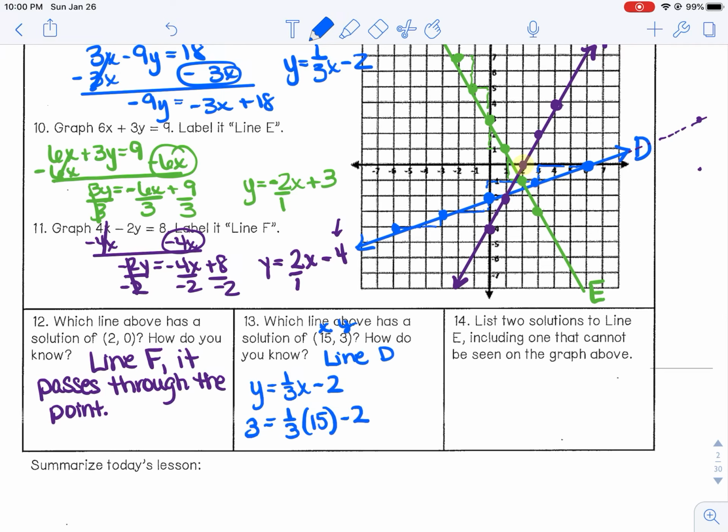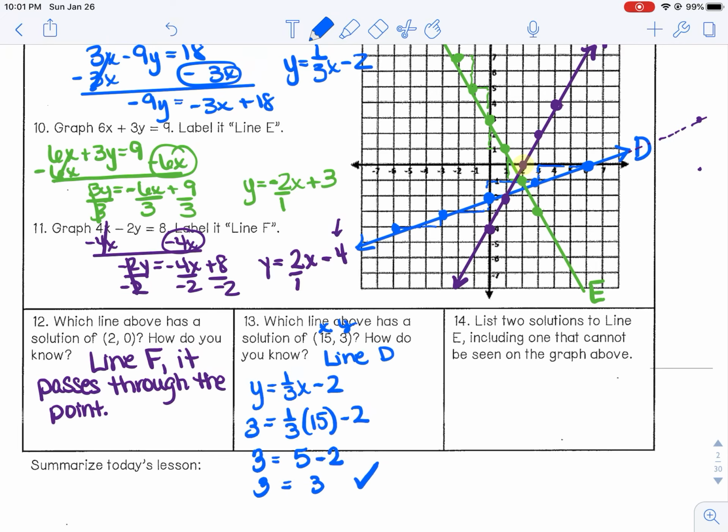Okay, so you know if you're multiplying by 1/3, that's the same thing as dividing by 3. So 15 divided by 3 is 5. So I have 5 minus 2. Does 3 equal 5 minus 2? Yeah. Okay, so we checked it by plugging it in.